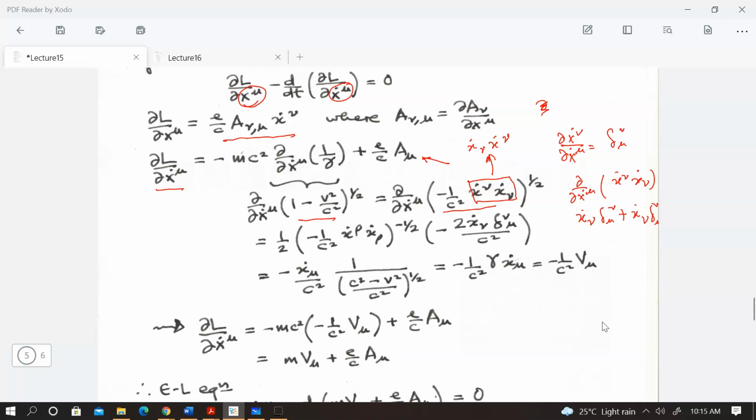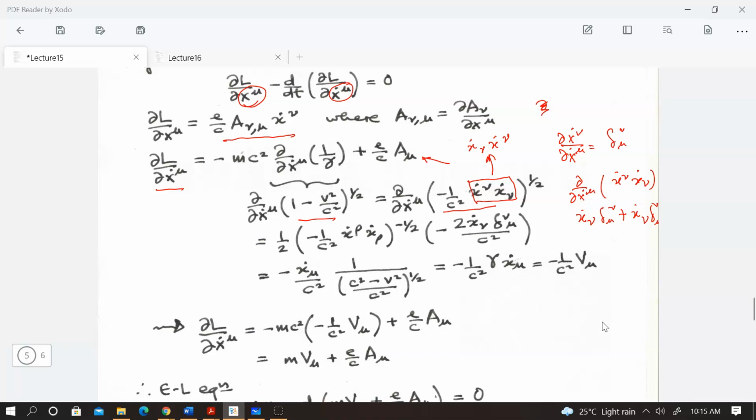Okay, and you have this factor as well. Remember, I'm putting this as rho instead of nu, because if I do nu, then I'll have too many nus multiplying in a single term. Okay, so I just have to replace the dummy variable. So what is this?